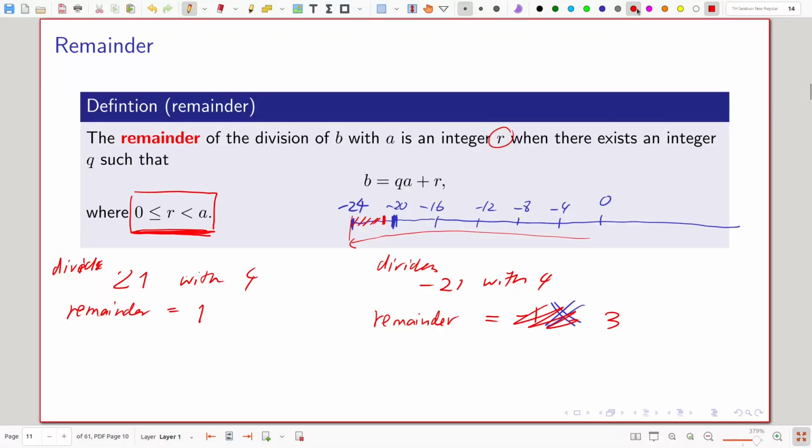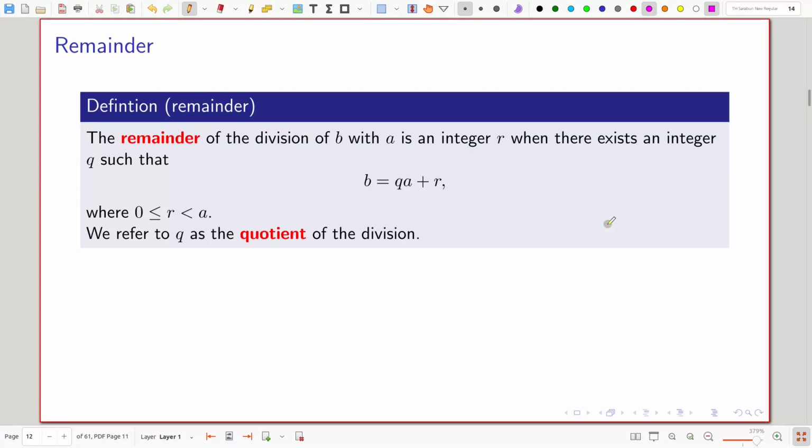Let me remind you again, it has to be non-negative, and q is the quotient, the result of the division.